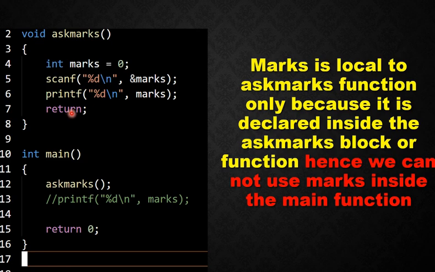It will see the declaration and definition, and come to line number 4, where we have declared one variable whose name is marks. In line number 5 I scan the value using ampersand marks and the scanf function, and after that I print the value that has been stored in the marks variable.